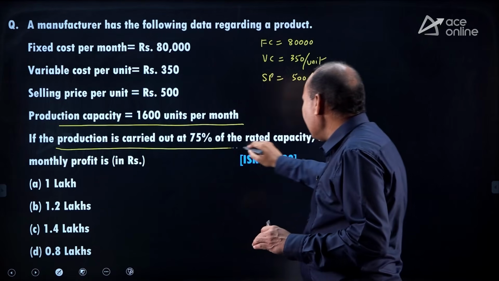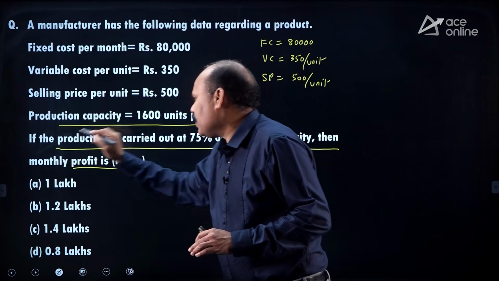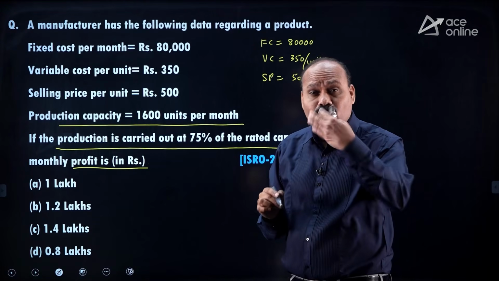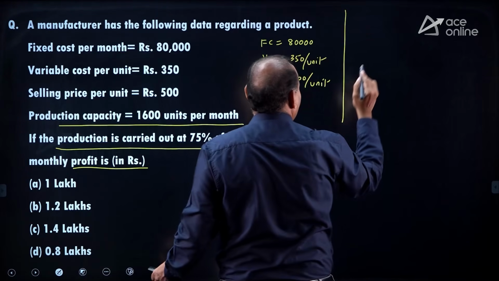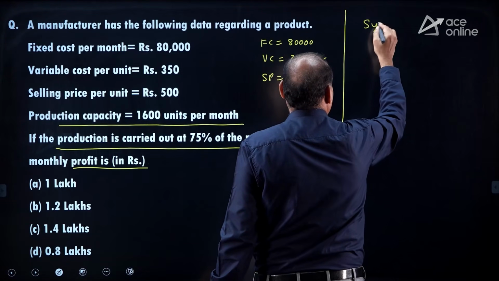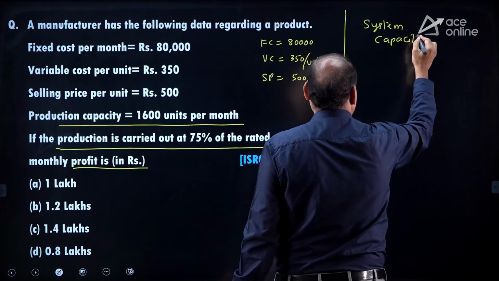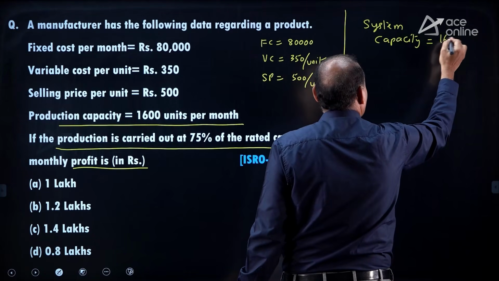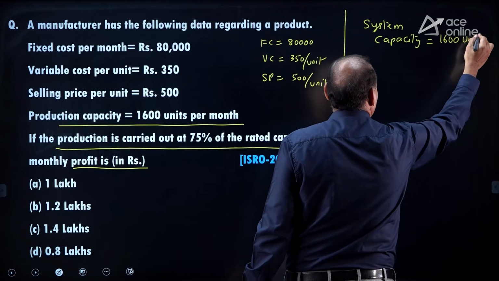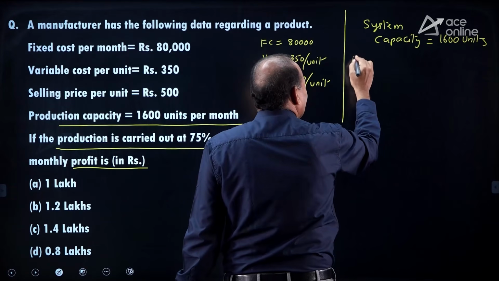If the production is carried out at 75% of rated capacity, what is the actual output? When you see system capacity is equal to 1600 units, this is actually the maximum possibility.